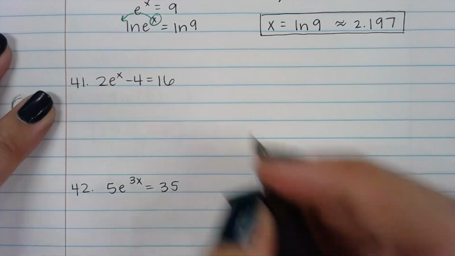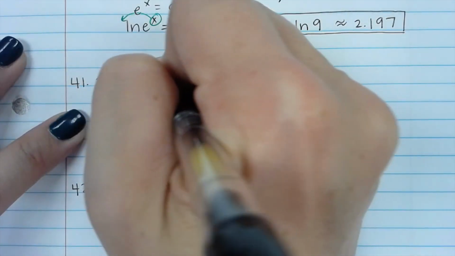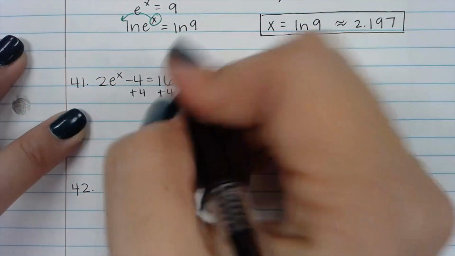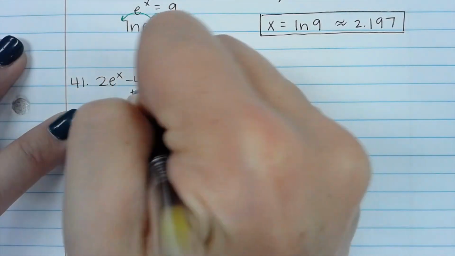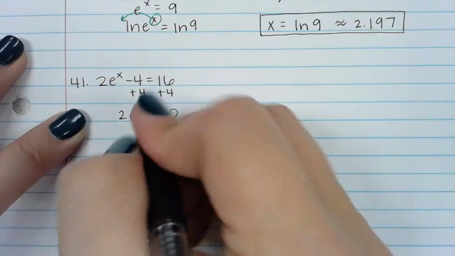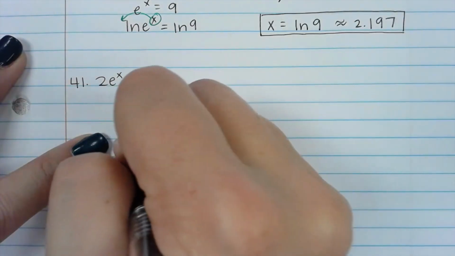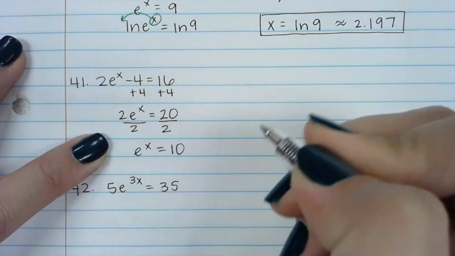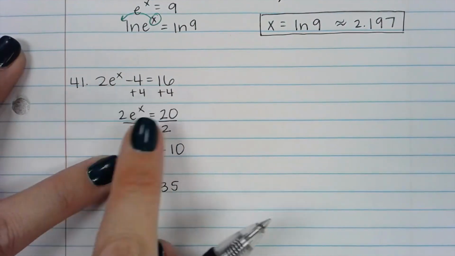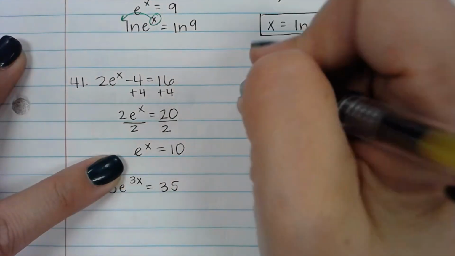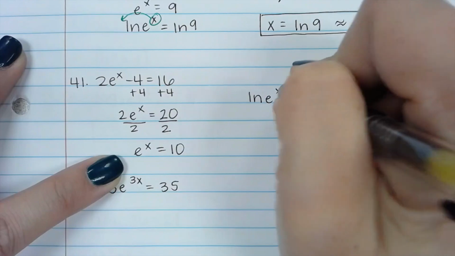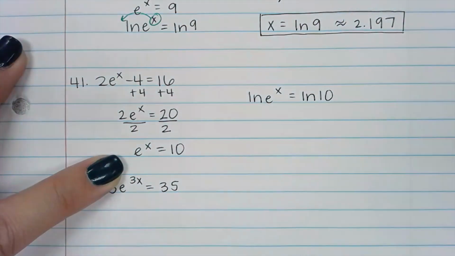On question 41, there's 2 things that I have to start by fixing. So I'll start by adding the 4 to both sides. That's going to give me 2e to the x is equal to 20. And then I'll divide both sides by 2. And so that'll give me e to the x is equal to 10. So I have to do manipulations to the equation to get the e all by myself. Once the e is all by itself, then I'm good to ln both sides.